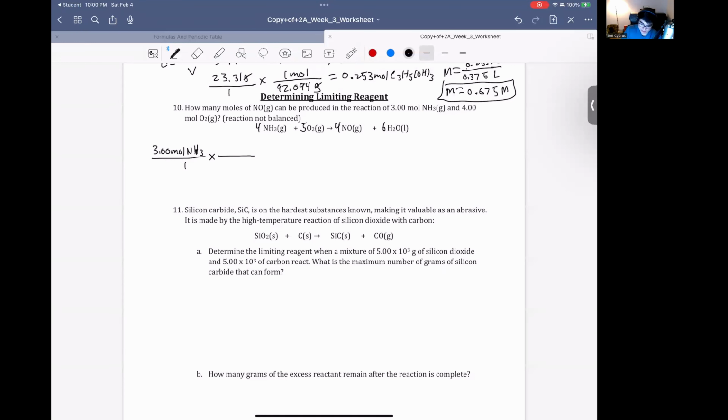The way we're going to look at this is for 3 moles of NH3, I need, for every 1 reaction or 1 mole of reaction, 4 moles of NH3. Where did I get the 4? I got the 4 from here. That is the coefficient. That tells me how many NH3s I need per reaction.